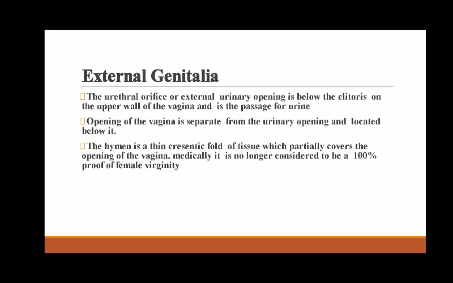Next, the urethral orifice or external urinary opening is below the clitoris on the upper wall of the vagina and is the passage of urine. The opening of the vagina is separated from the urinary opening and located below it. The hymen is a thin crescentic fold of tissue which partially covers the opening of the vagina. Medically, it is no longer considered to be 100% proof of female virginity.